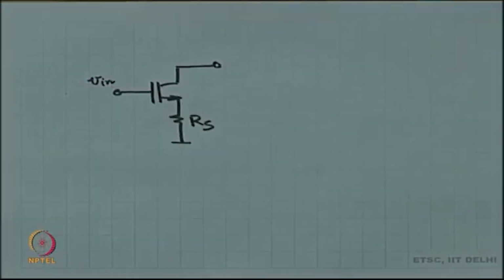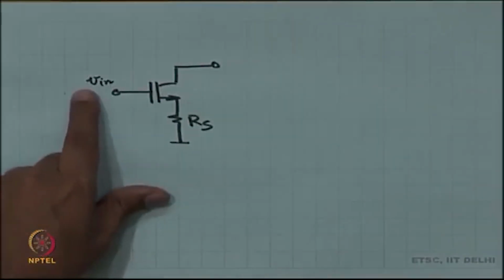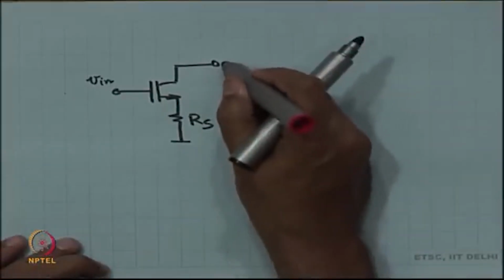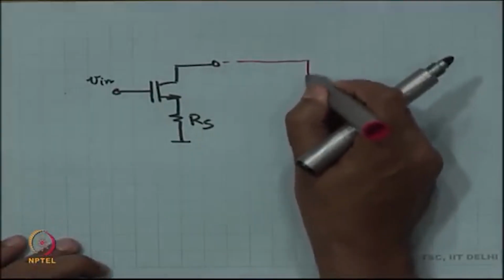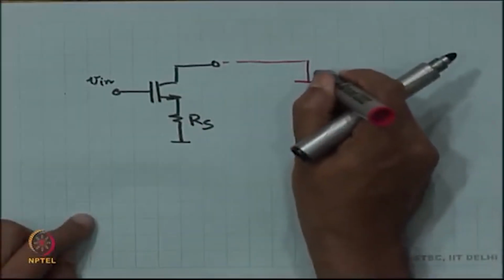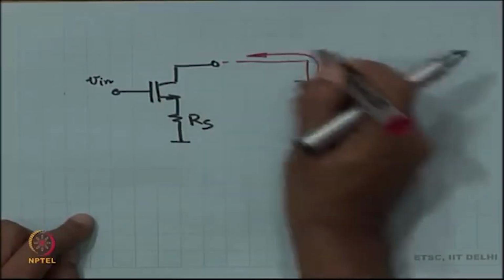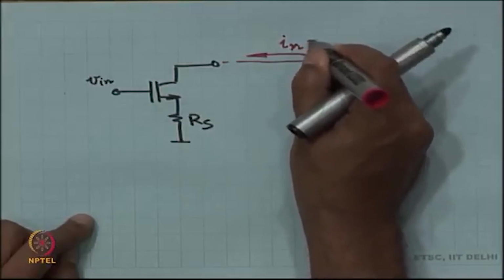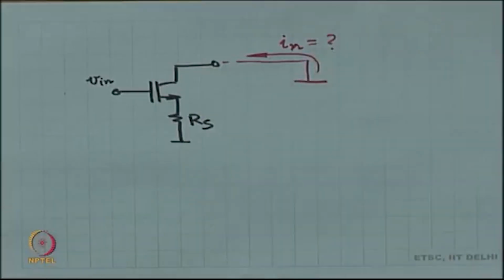Now, first experiment, I am going to apply V in over here. I am going to connect the output through a short circuit to ground, and the question is going to be, what is this short circuit current? This is going to be one experiment that I am going to do.